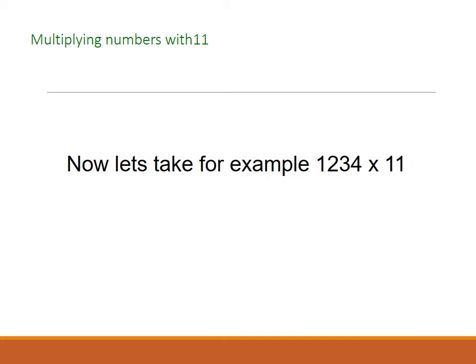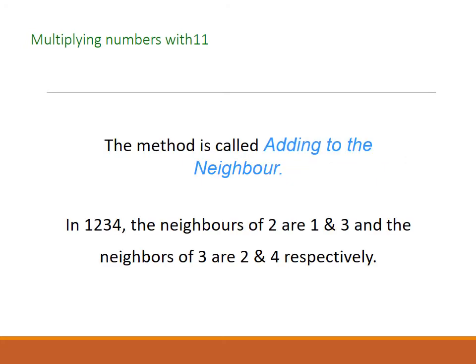Okay, now let's take for example 1234 into 11. Now the method is called adding to the neighbor. So now in 1234, the neighbors of 2 are 1 and 3, and the neighbors of 3 are 2 and 4 respectively.